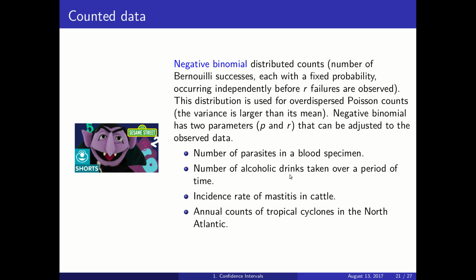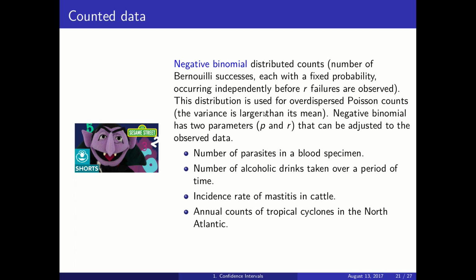So how many successes, each one with a probability P, do you observe before observing R failures? So how many heads before observing R tails in a coin flip. And this is used because in the Poisson, the variance and the mean have the same value.